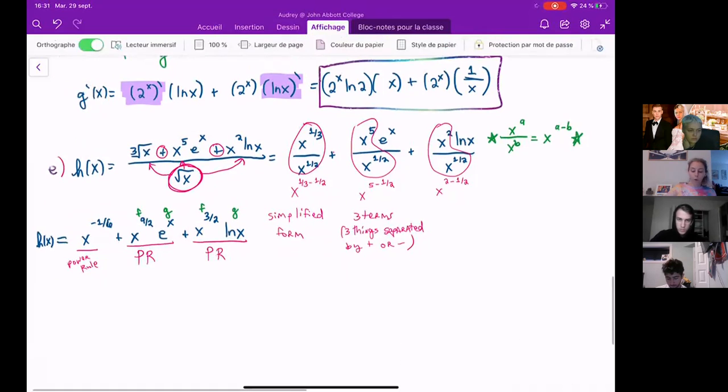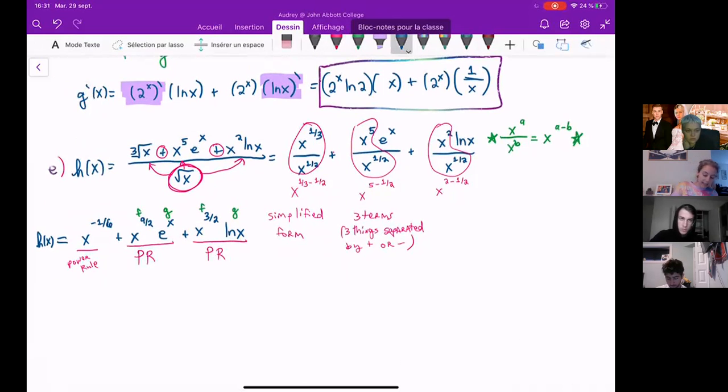So now, when I take the derivative, I'm going to do the same thing that I was doing in the last problems. For the product rule, I'm just going to stick the things in. So first I bring my negative 1/6 down, and I subtract 1 to get negative 7/6. Then I'm going to plug in to my product rule.